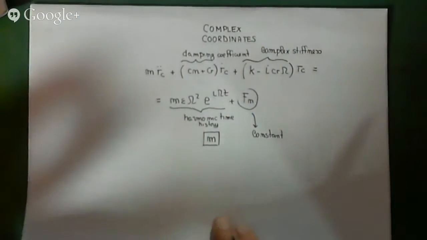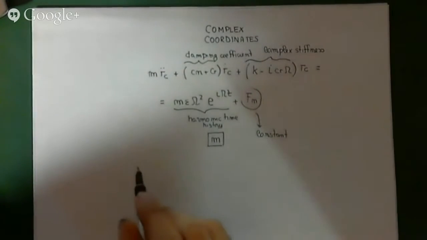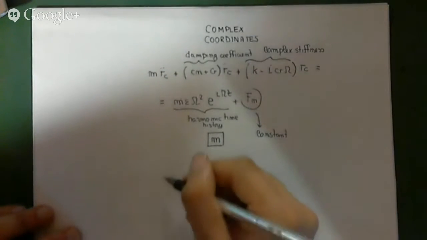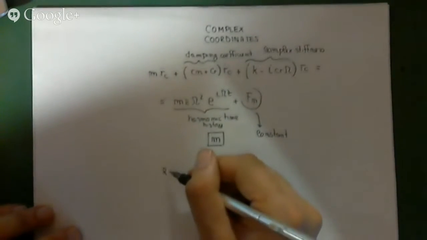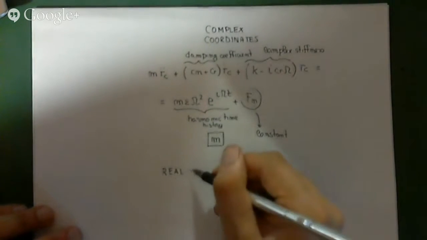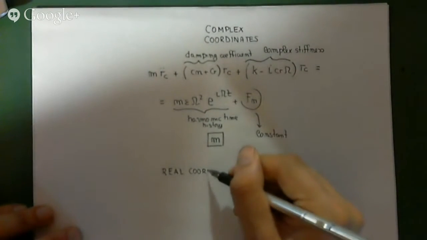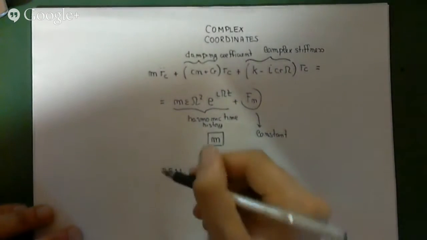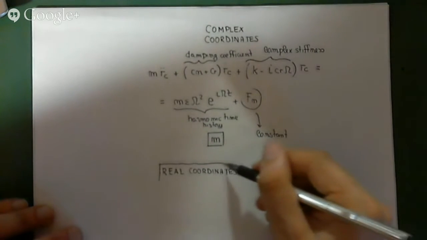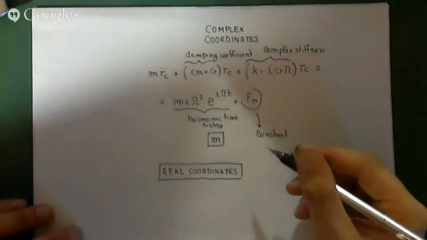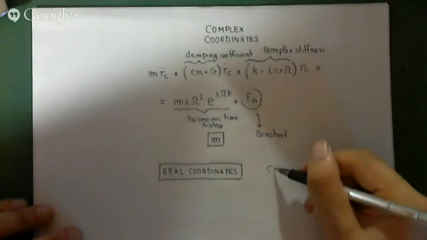We have to remark on what is skew symmetric. We will draw a scheme in which we compare real coordinates with complex coordinates.